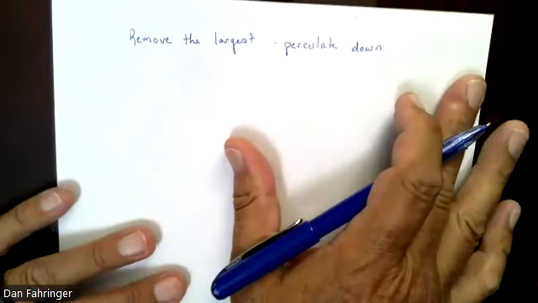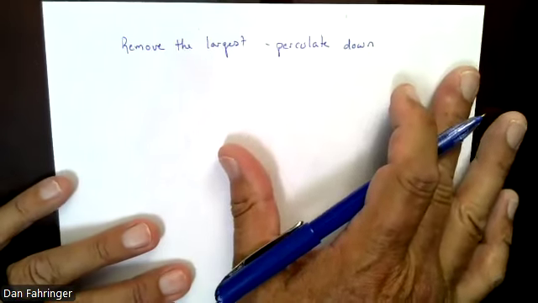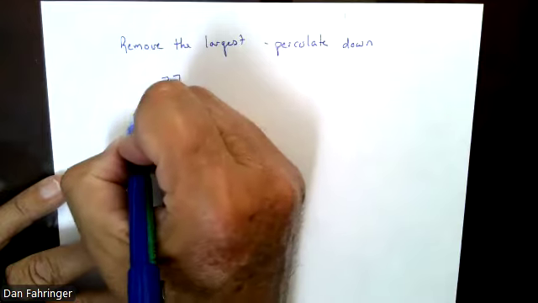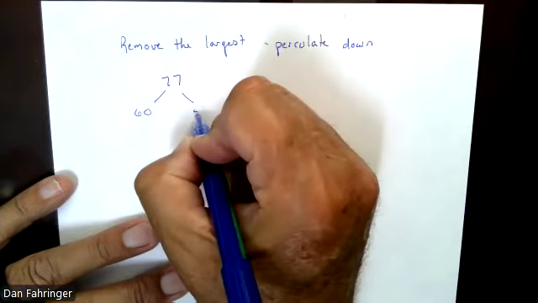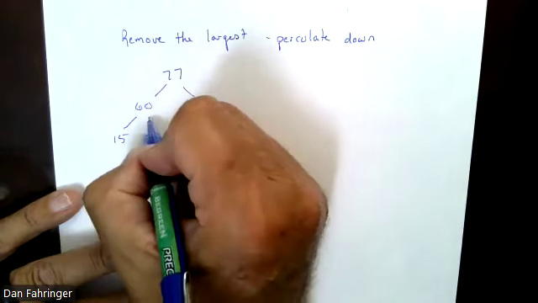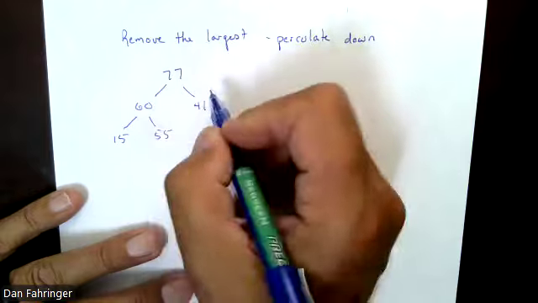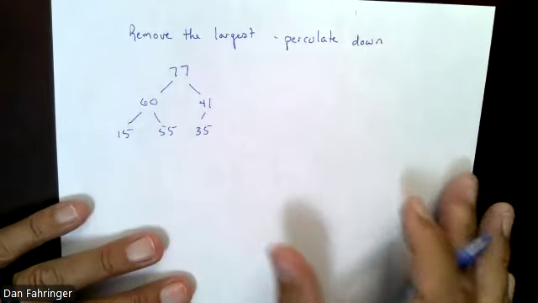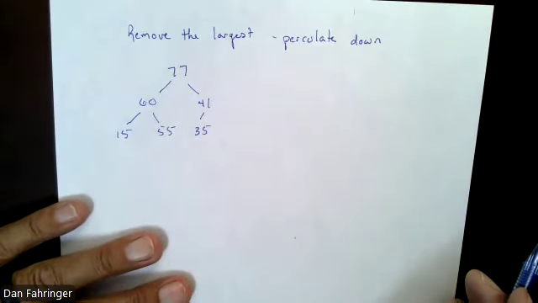All right, so the basics are going to look something like this. I'm going to have 77, 60, 41, 15, 55, and 35. And I'm going to stop right there. It's complete and it fits rule number 2.